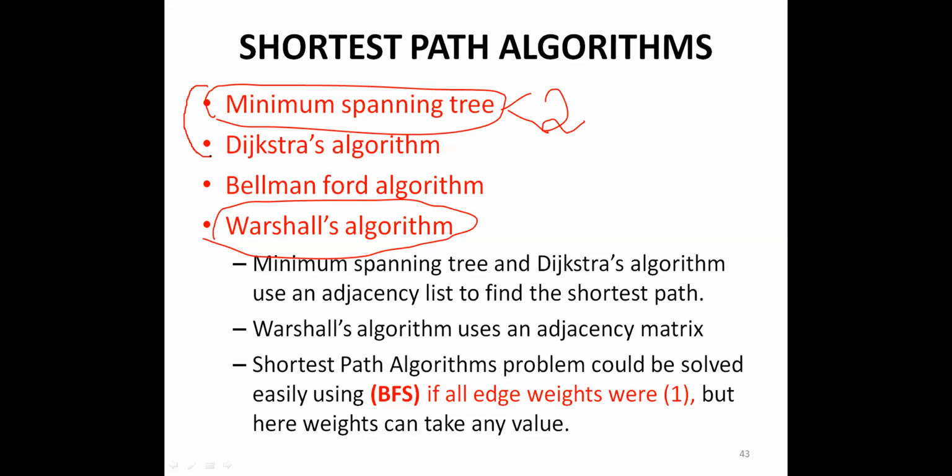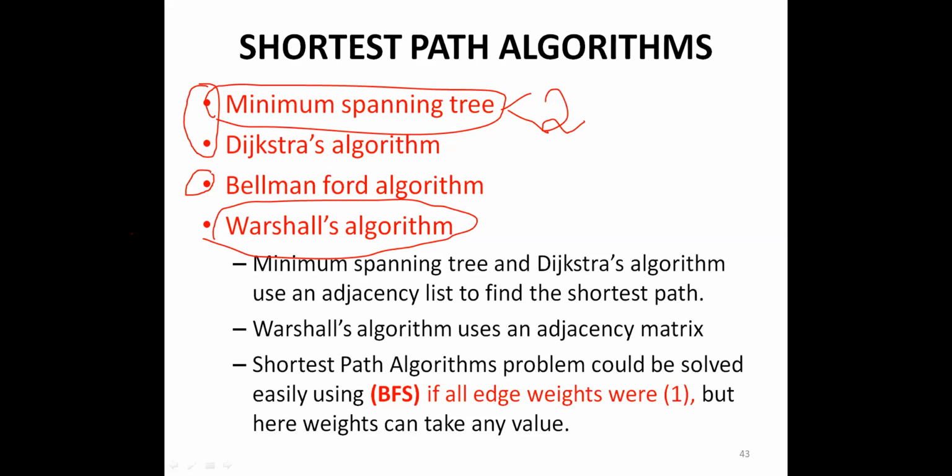Even Bellman also takes an adjacency list, because it is single source and requires a minimum number of edges. When there are a limited number of edges in a graph, we call it a sparse graph. Then I'll go for adjacency list.